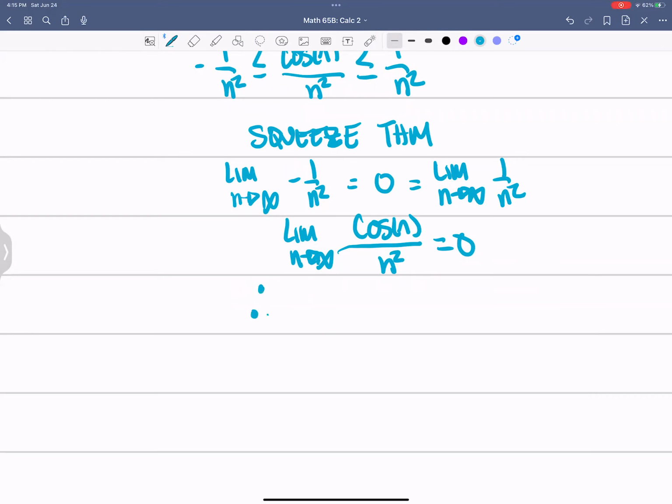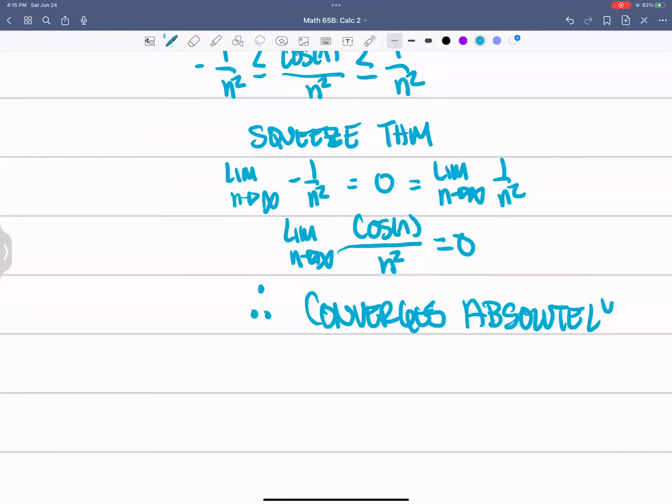So therefore we have absolute convergence. So it converges absolutely. And there we go.